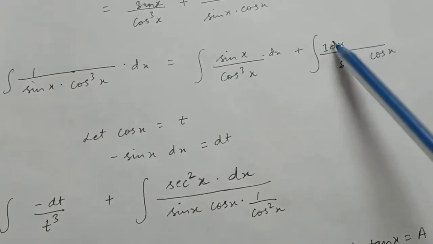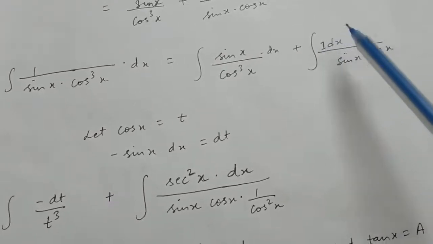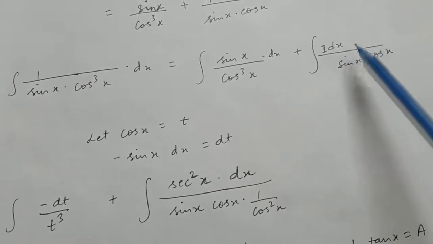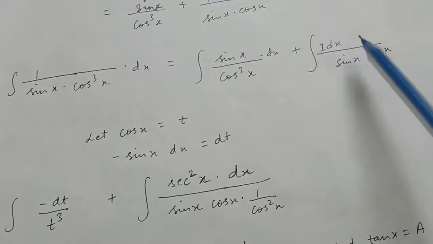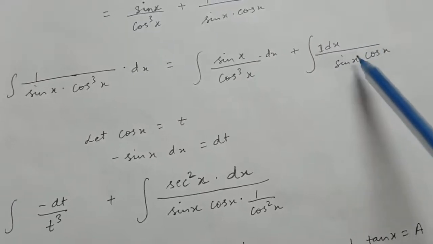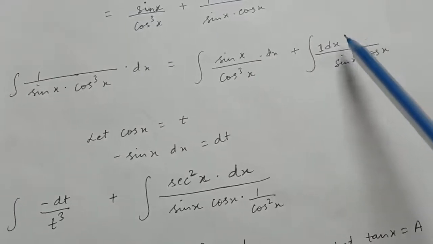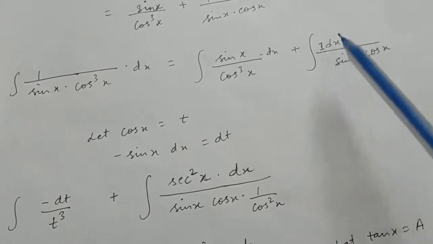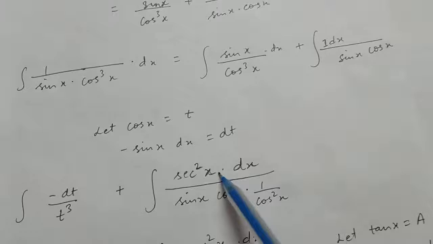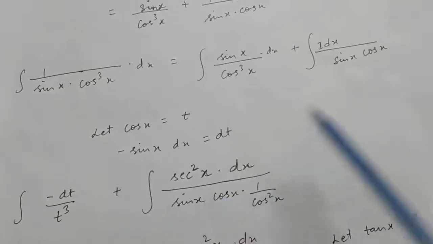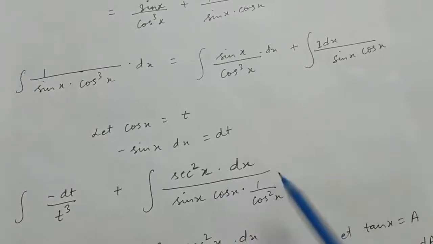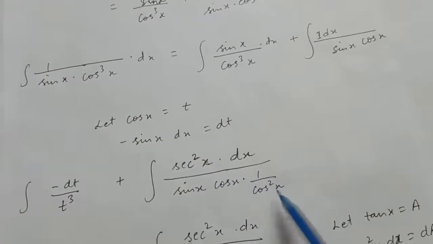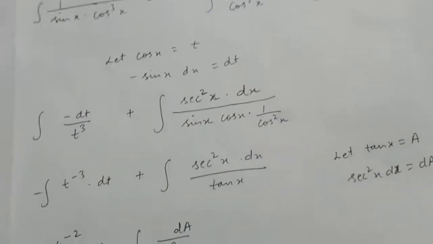Therefore either you can write this one again as sin square x plus cos square x, or what we can do, divide numerator and denominator both with cos square x, right? So when you will divide the numerator, that is 1, with cos square x, so 1 by cos square x is secant square x, upon dividing the denominator with cos square x, so it will be sin x into cos x upon cos square x, right?